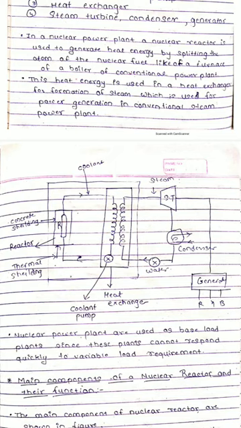Then it is supplied to the steam turbine, where heat energy is converted into mechanical work with the help of the turbine, which is connected to the generator, where the electricity is generated.